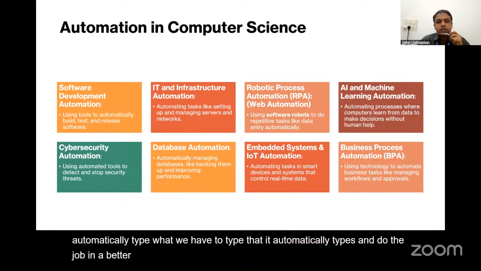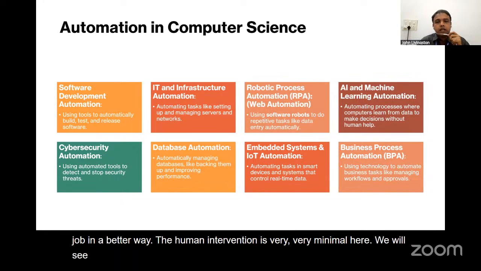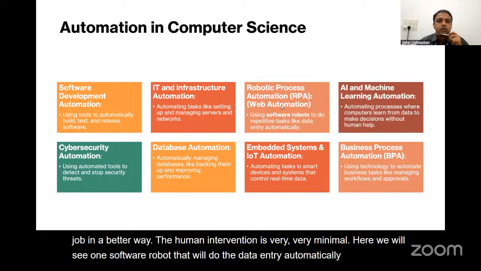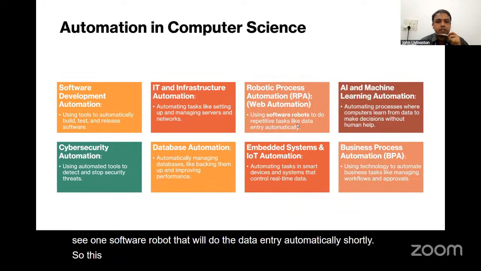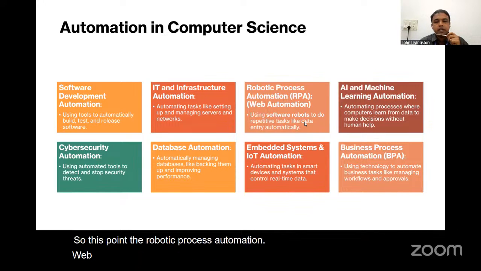The human intervention is very minimal here. And we will see one software robot that will do the data entry automatically shortly. So robotic process automation, web automation, is very important in computer science.